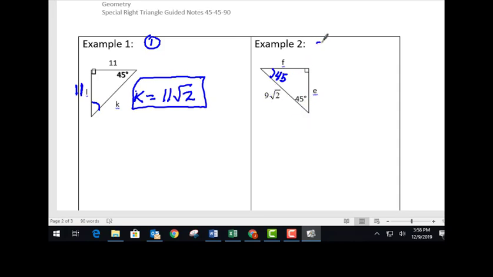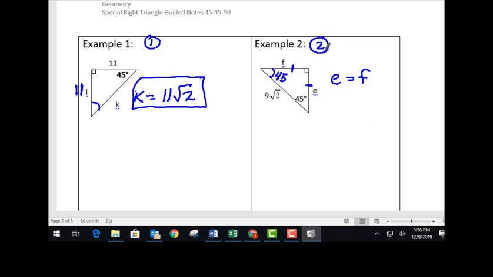This looks like scenario 2, where I'm given the hypotenuse and I want to find the legs. So E and F, we know E would have to equal F because they are the same. Since the angles are the same, the legs are the same, therefore it's an isosceles triangle, meaning the two angles are the same, the two legs have to be the same.